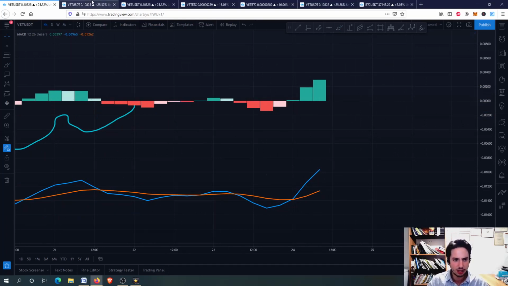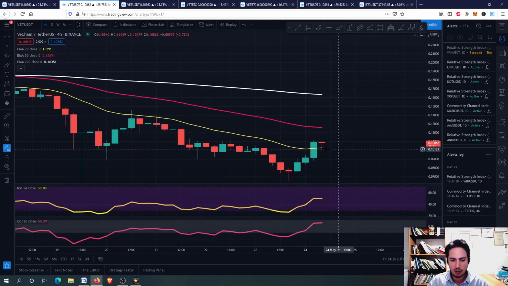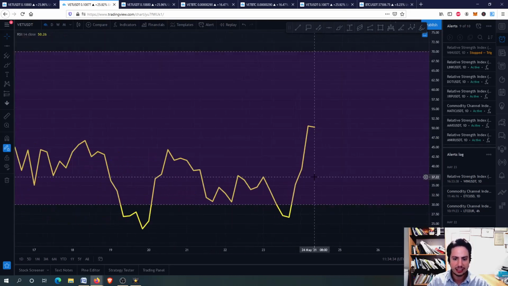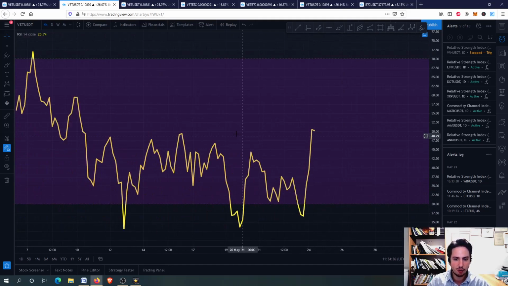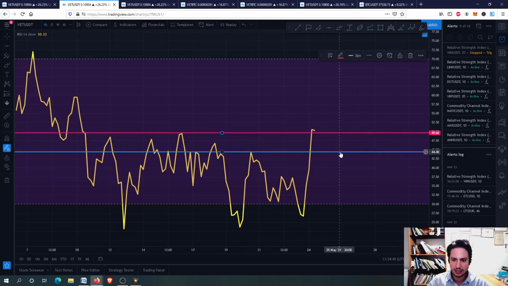Okay, so now we are going to VeChain against USDT in the 4-hour frame to see the commodity channel index and RSI, and how important it is to make the 20-day MA our support level. Okay, we need to make the white line our support level. And the RSI, what I like about it in the 4-hour frame is that we broke some important resistance levels. For example, guys, these both were very important resistance levels.